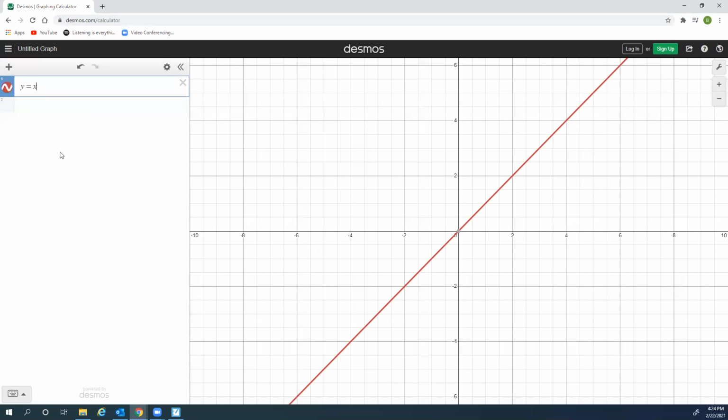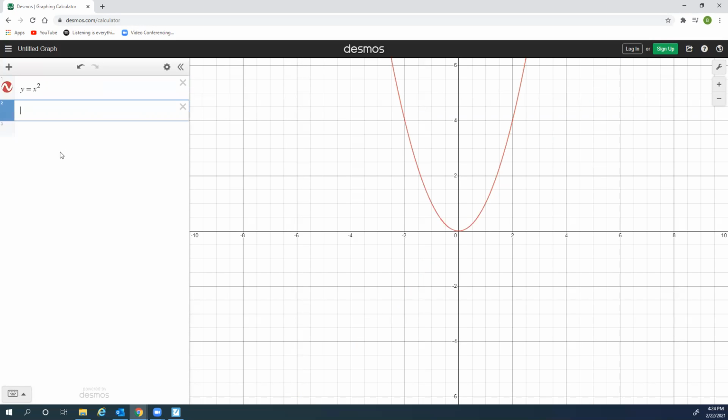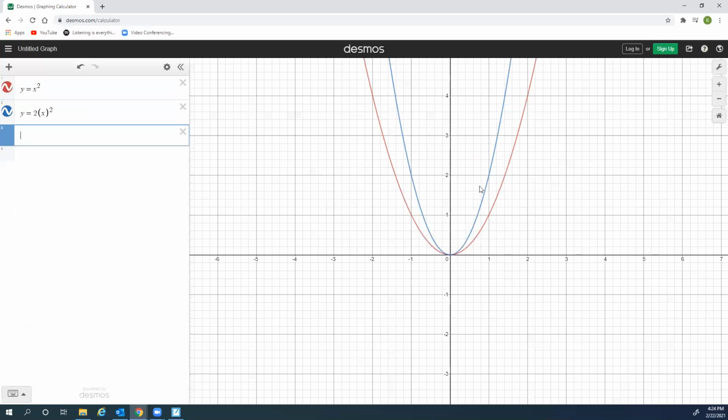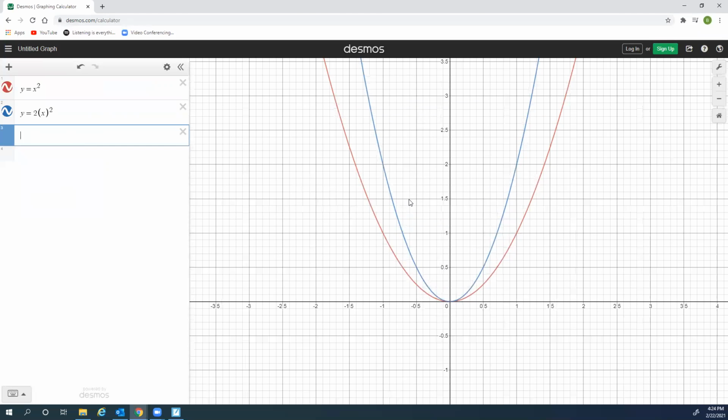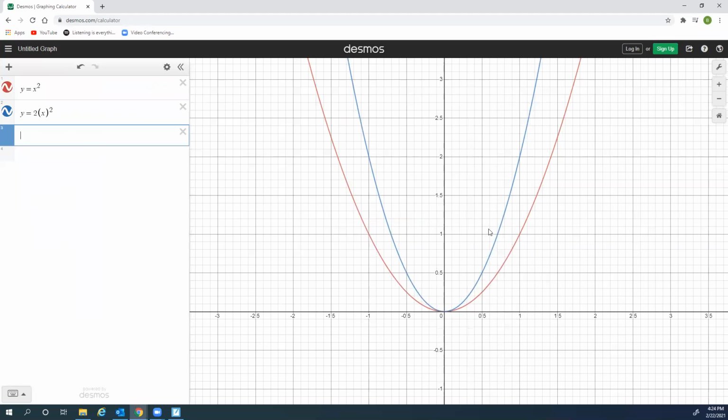Y equals x squared should already be in there. But this time now I have y equals 2(x) squared. So let's take a look. The red one here is my parent function, while the blue one is my new equation. So what happened then?